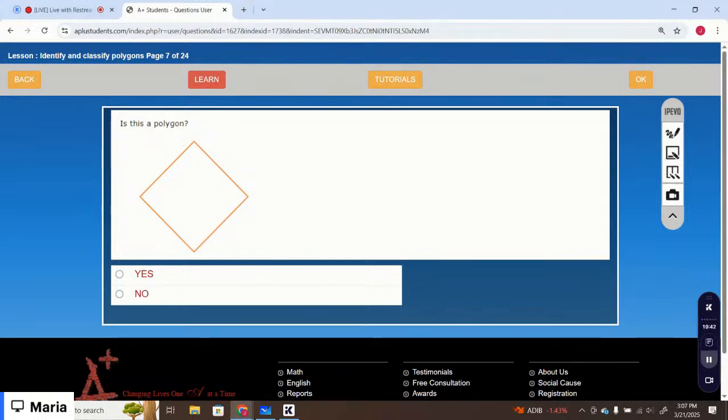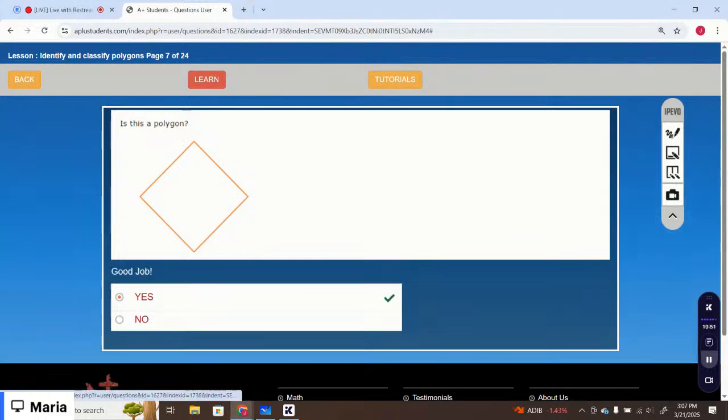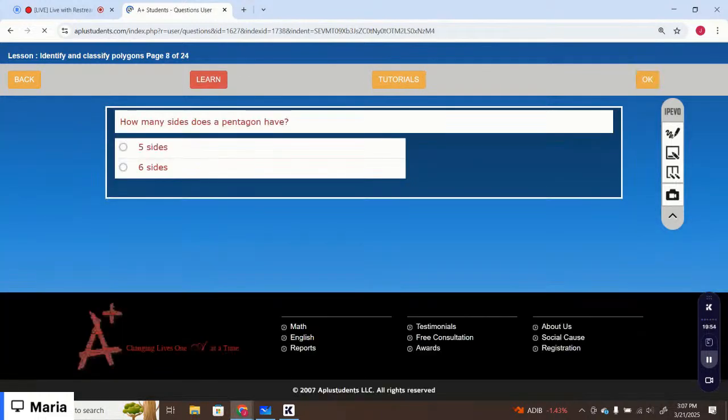Is this a polygon? Yes, it is a polygon. Option number one is the correct option. How many sides does a pentagon have? Pentagon has five sides.